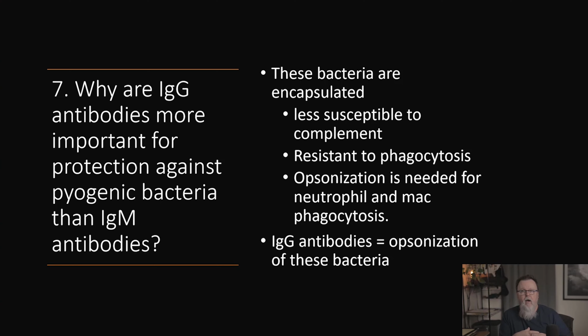And IgG are opsonizing antibodies. IgM are not. And so IgG are more important for protection against these types of bacteria than IgM. IgM can neutralize, but they don't opsonize, so they're not going to increase phagocytosis.